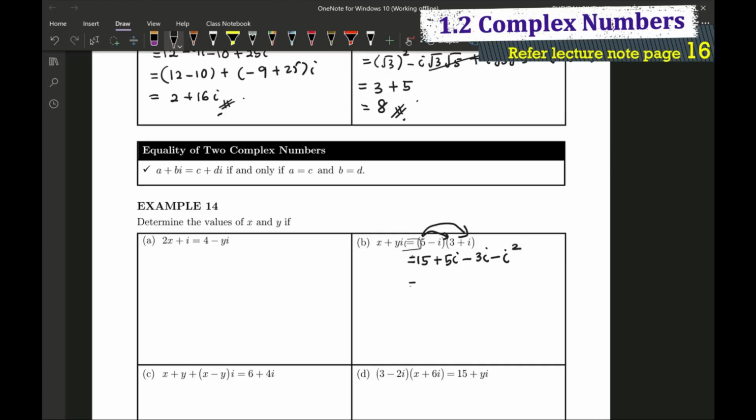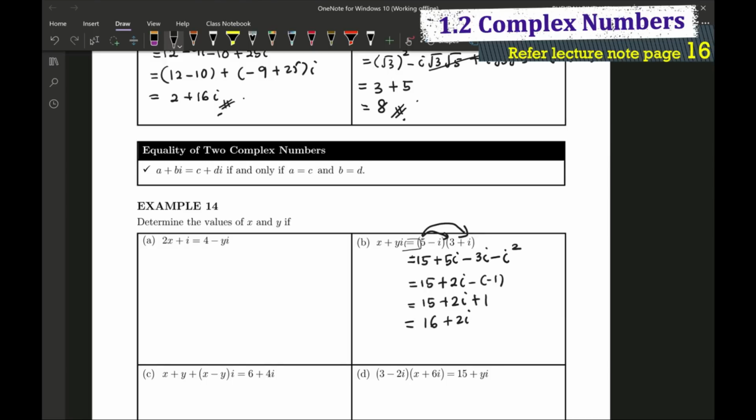From here, by definition, i squared is equal to negative 1. So 15 plus 5i minus 3i, equal to 2i, minus negative 1 here. So here we get 15 plus 2i plus 1. And the final answer is 16 plus 2i.